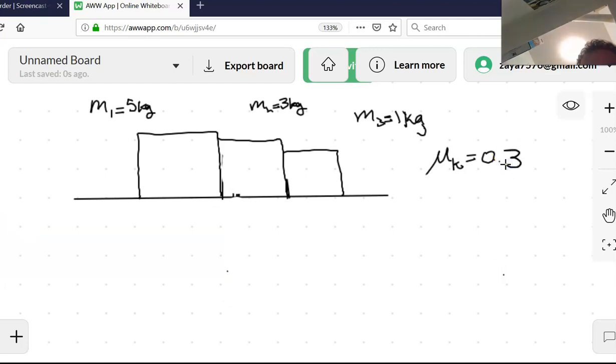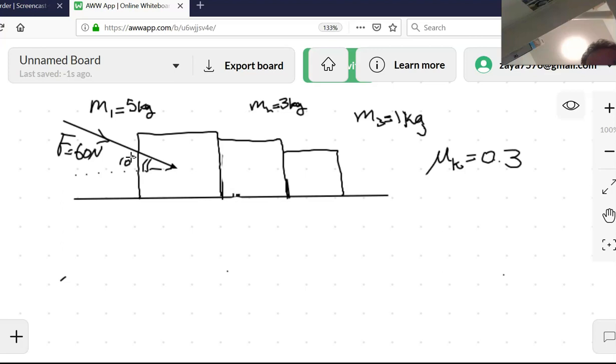Okay, and also we apply a force of 60 newtons, and let's say this angle is 10 degrees.